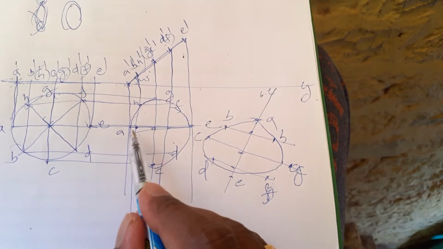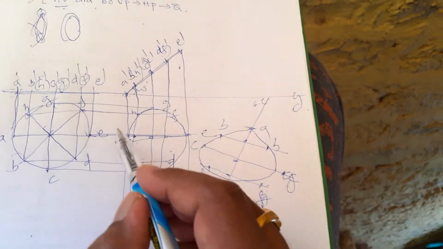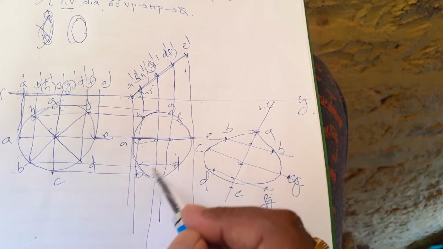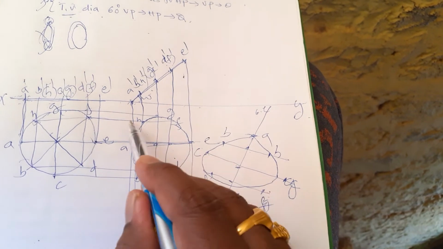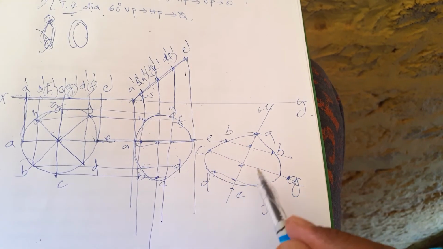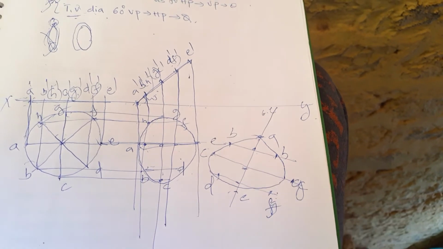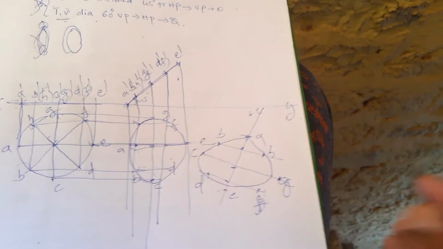Or else you can do A to E, A to H, E to H, by knowing two points and transferring.